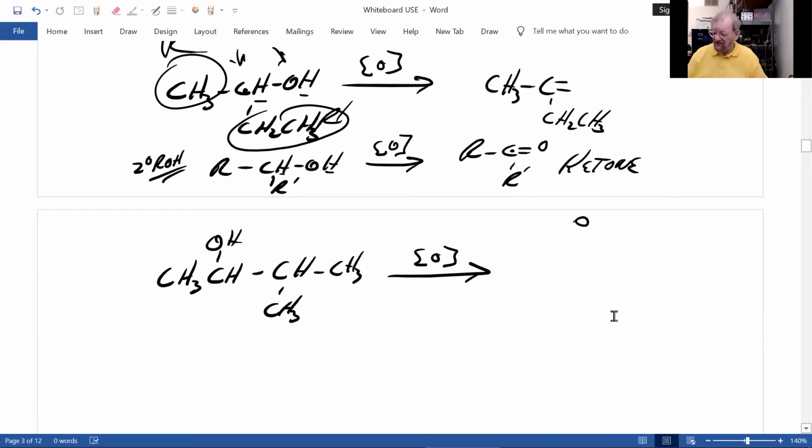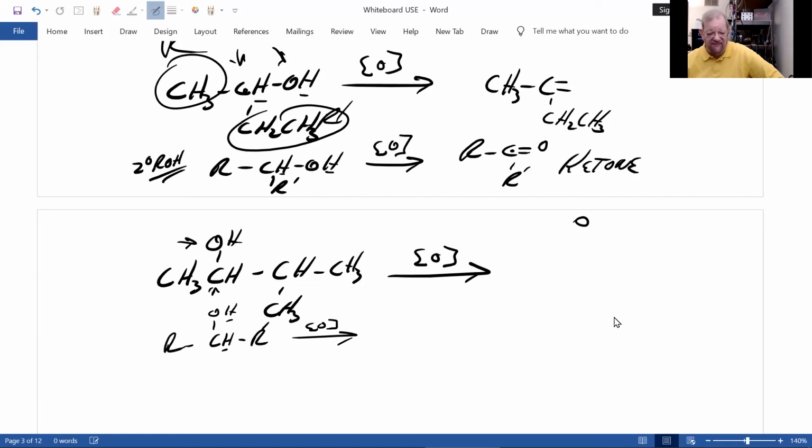What do we have here that's different? What's not carbon? What's not hydrogen? Ooh, hydroxyl group on a carbon. It's an alcohol, but this is a secondary alcohol. When you oxidize it, you lose this hydrogen and form a ketone.